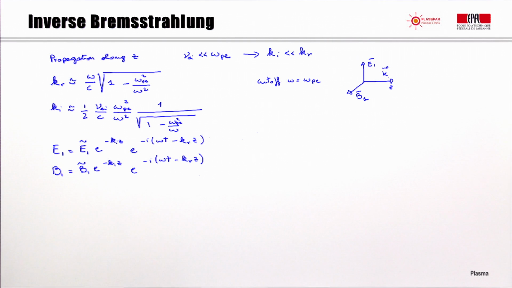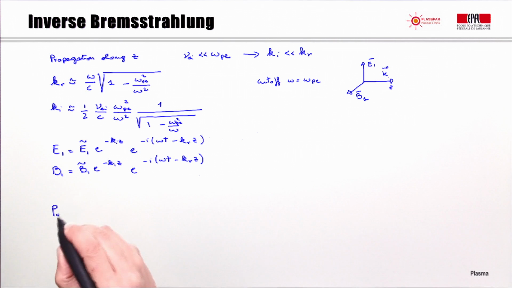So, as we can see, the amplitude of the wave is decreasing with space while the wave propagates. And of course, in order to have the fields in real space, we have to take the real part of this quantity. Finally, we can calculate the local absorbed power that will be proportional to the collision frequency.